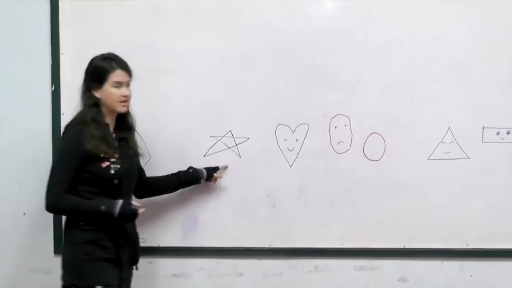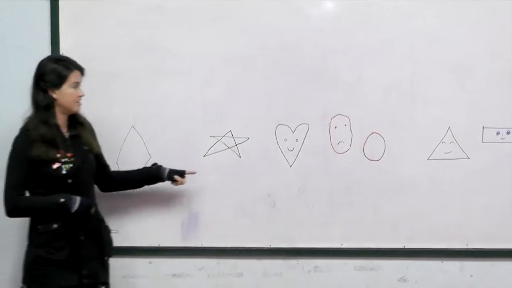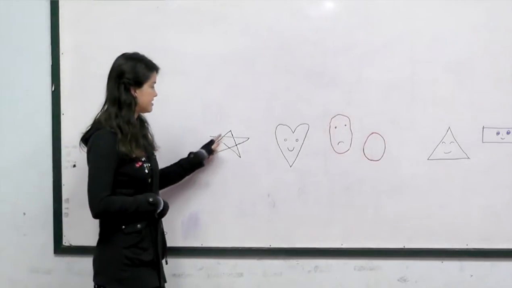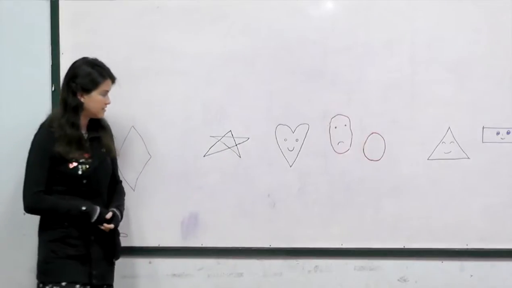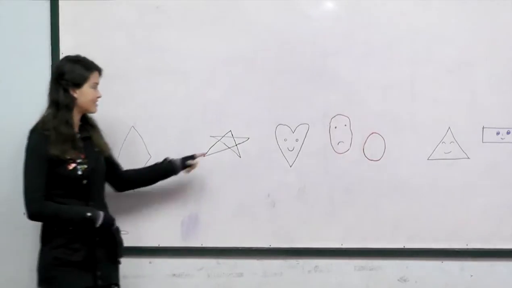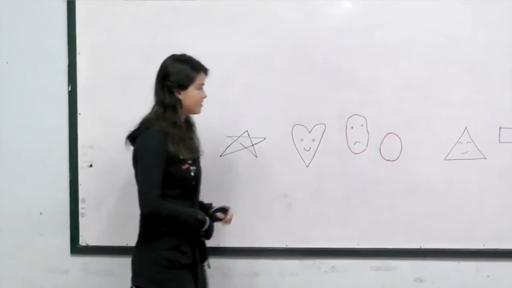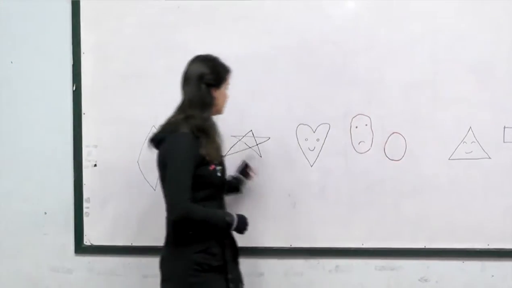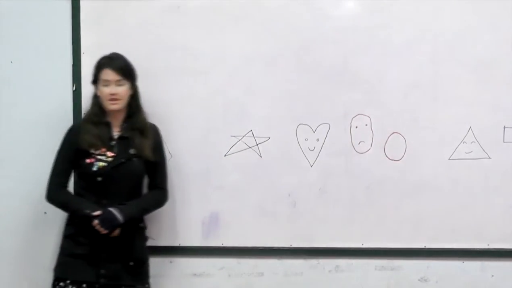Do we see some triangles in this star? Yes. We've got some triangles in this star. So we see this triangle in the star.